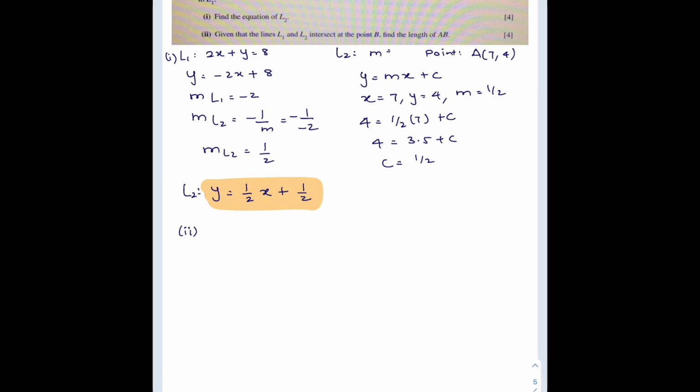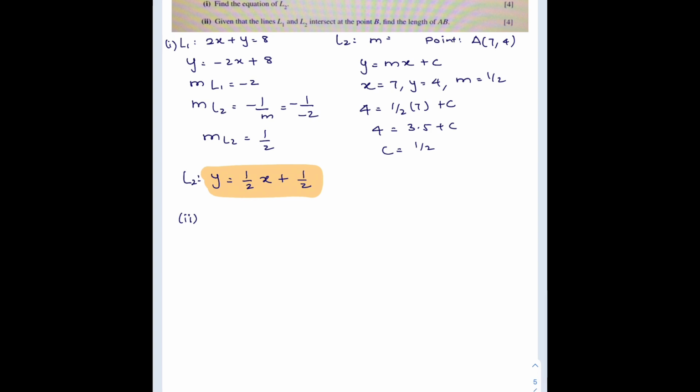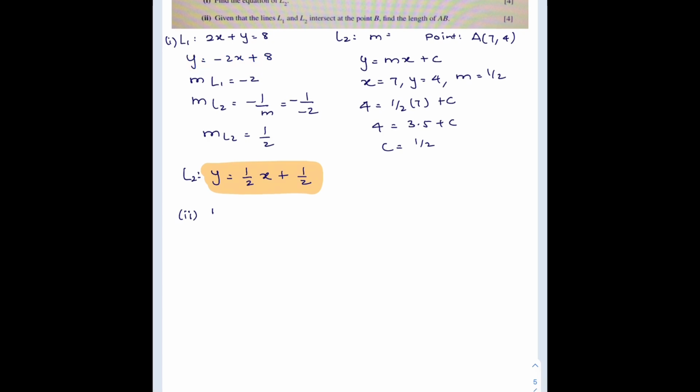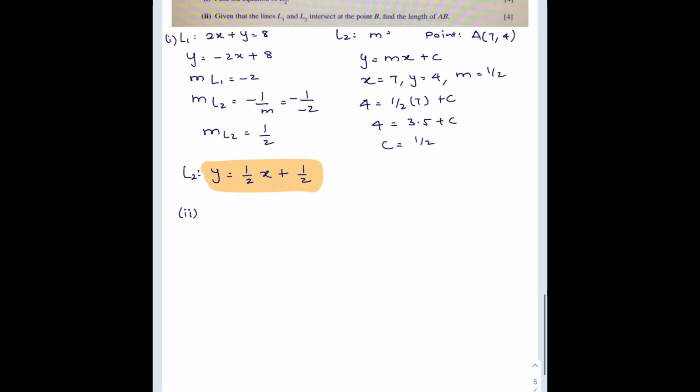Given that lines L1 and L2 intersect at the point B, find the length of AB. So now L1 and L2 intersect. That means I have to compare them, solve them simultaneously. So I'm writing -2x plus 8 equals half x plus half.